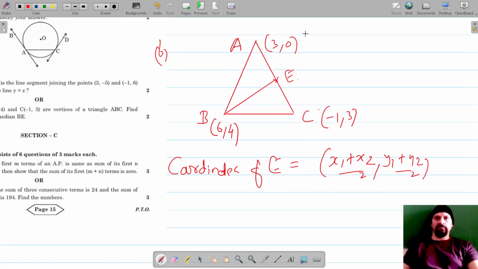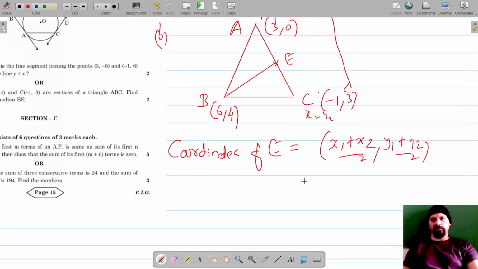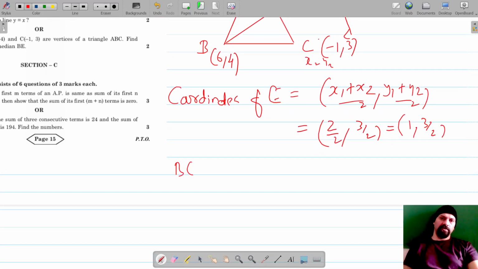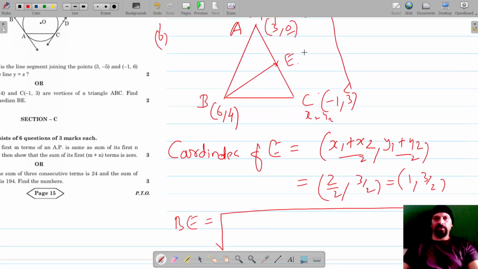And for E, these are our x1, y1, and x2, y2, which gives us the coordinates of E. This is 3 plus of minus 1 is 2 by 2, comma y1 plus y2 is 0 plus 3 is 3 by 2, which gives us the coordinates 1 comma 3 by 2. Now we have to find the length of median BE, which we will find out using the distance formula. So E has the coordinates 1 comma 3 by 2.